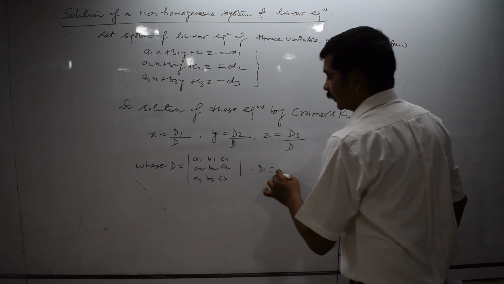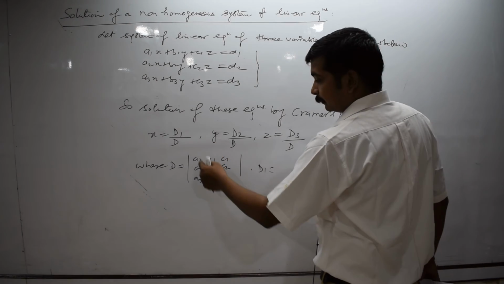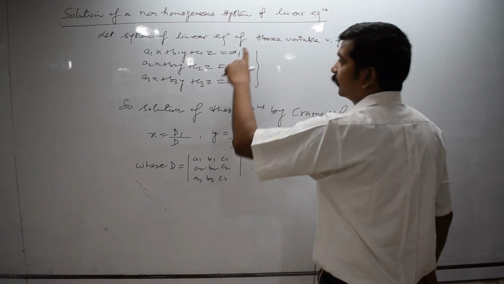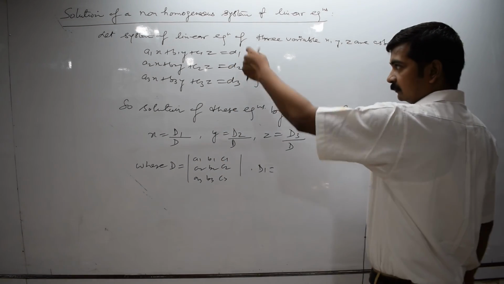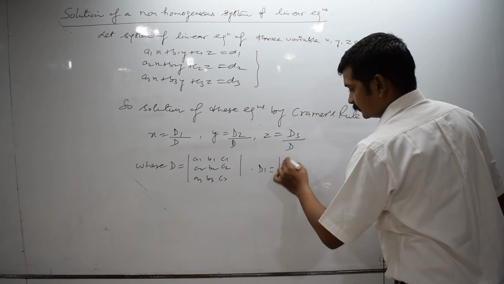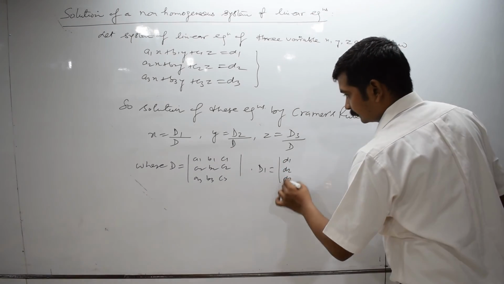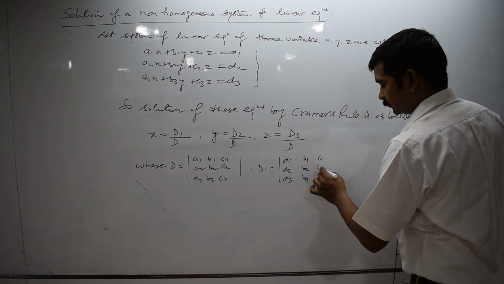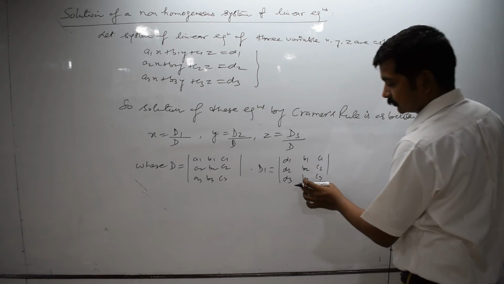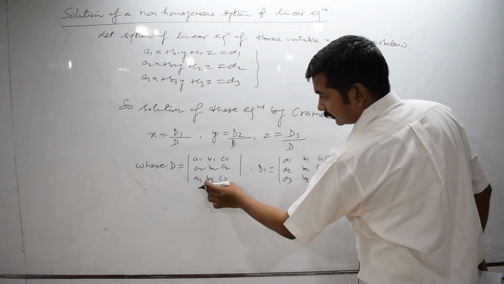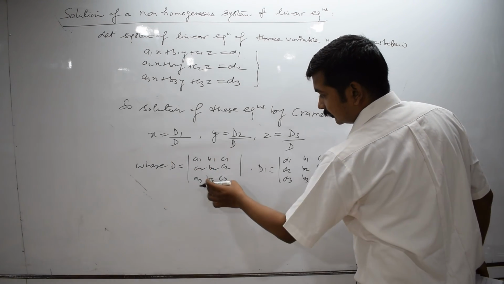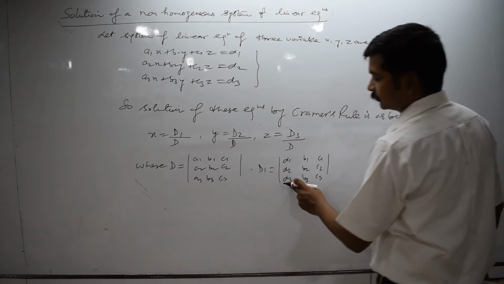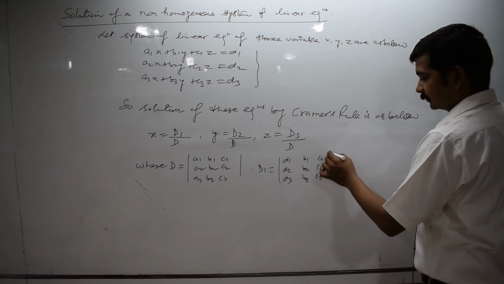D1 will be found by replacing the first column by the constants, meaning d1, d2, d3. The other two columns, b1, b2, b3 and c1, c2, c3, are the same as in D, and the first column is changed to the constant terms.